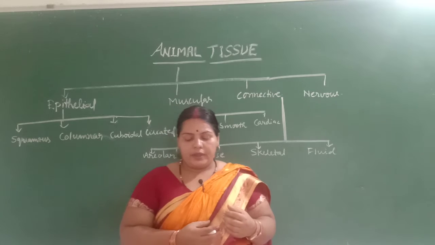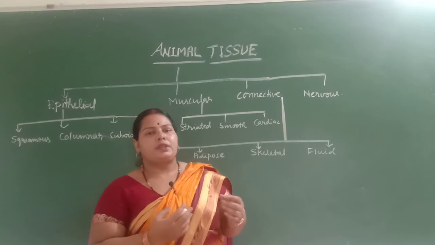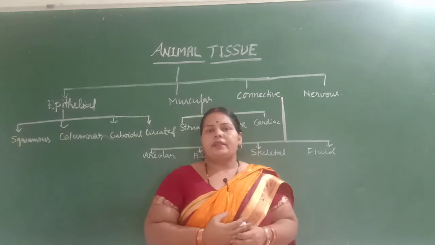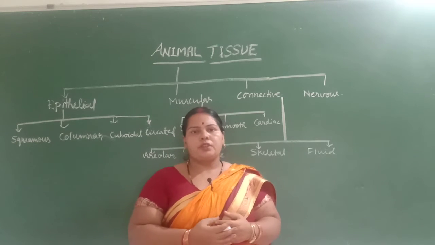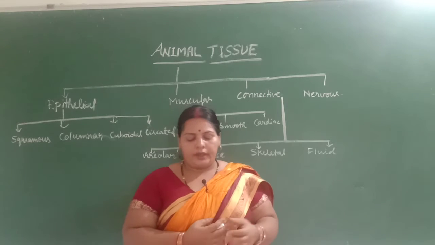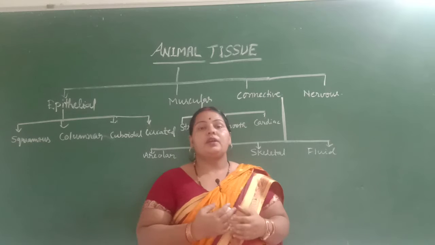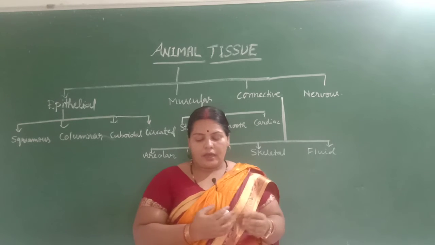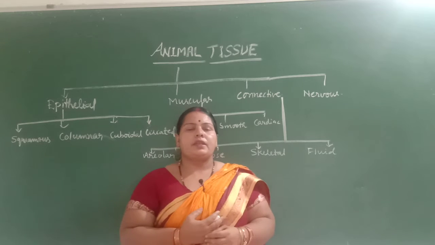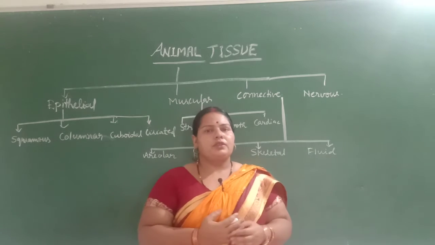Third, permanent tissue and meristematic tissue are differentiated in plants, and there is no such differentiation in animals. Animals do not show growth after reaching maturity, and their organization is very complex compared to plant tissue.